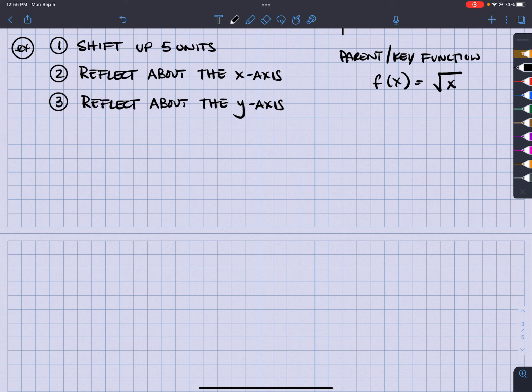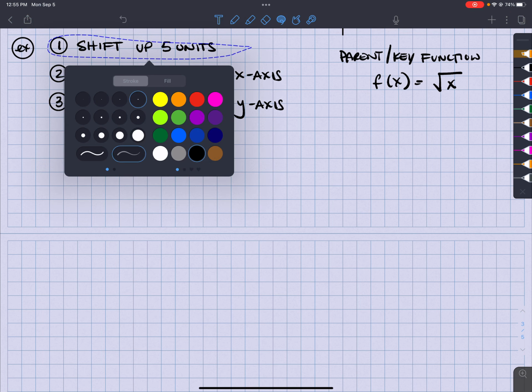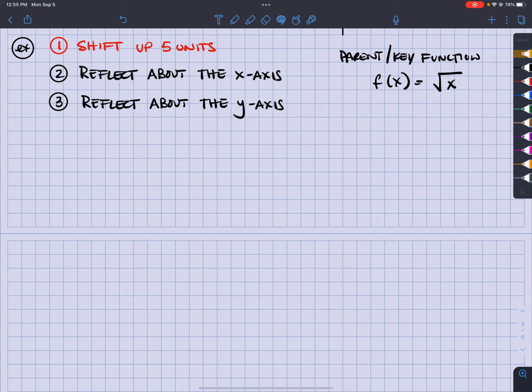Okay? So if I am shifting up 5 units, what that's telling me to do is I have to add 5. So let's put it this way. Add 5 to y. Okay?